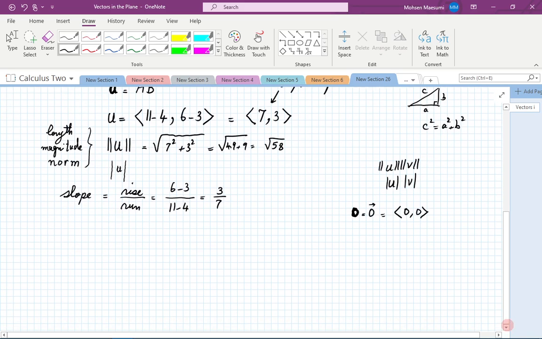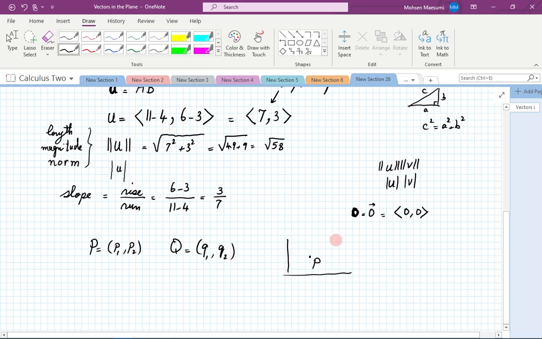Let's just refresh our memory. If I have a point P whose components are P1 and P2, and I have a point Q whose coordinates are Q1 and Q2, so I have such a situation.